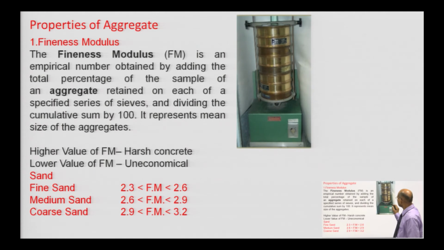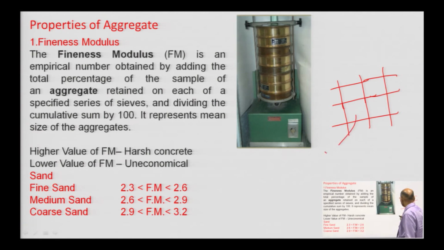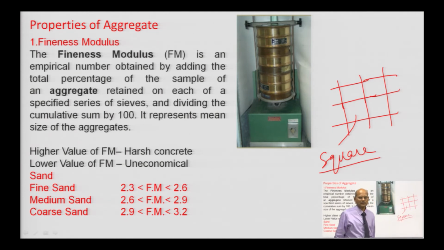Because the particles do not have an exact shape, different types of shape we have, we have to consider a square aperture. Whatever the sieve is, it has a square mesh.